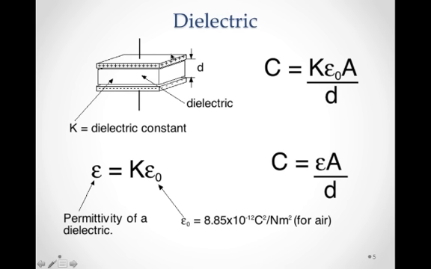The next topic: if we have our capacitor here with our two conducting plates, let's talk about what we can put in between these plates, and it's called a dielectric.